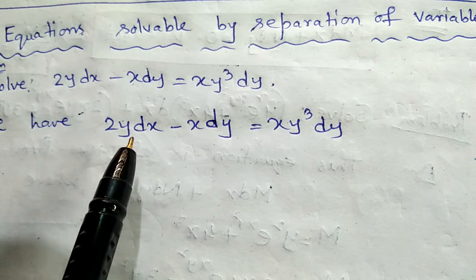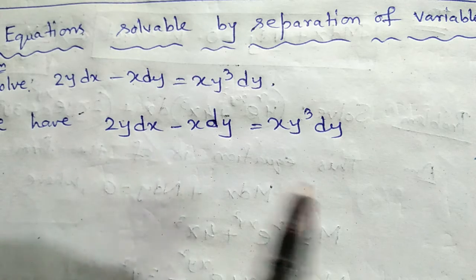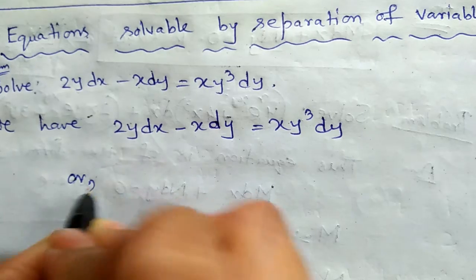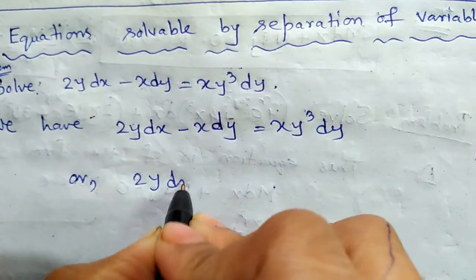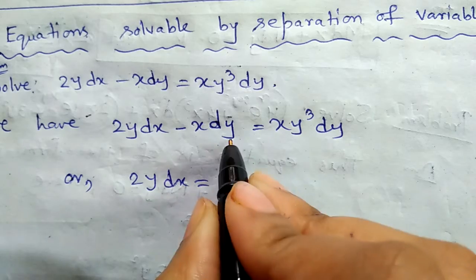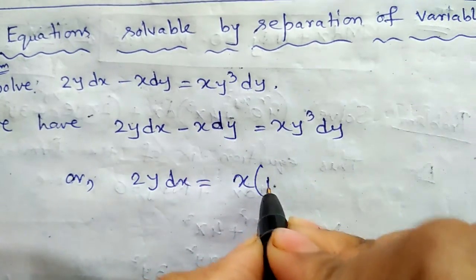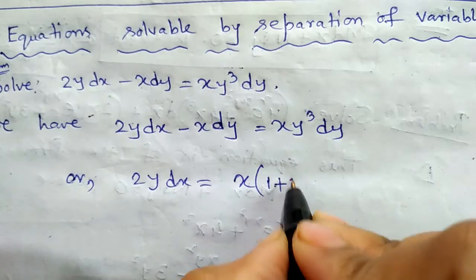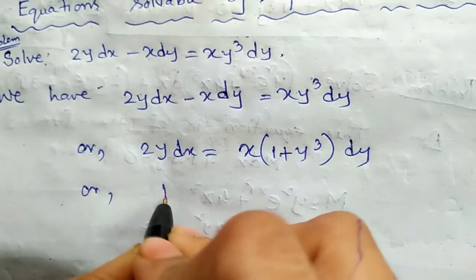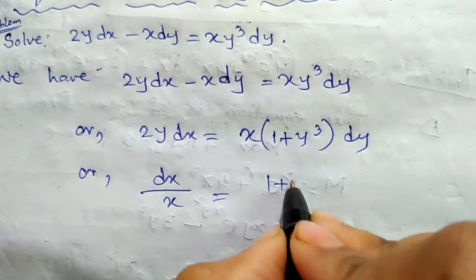We can see two variables x and y in this ODE, so we have to separate these variables in this way. This is the dx portion, so we write dy on the right side. Taking x common, we get this. Then separate the variables x and y in this way.